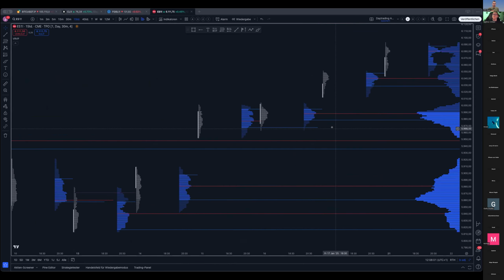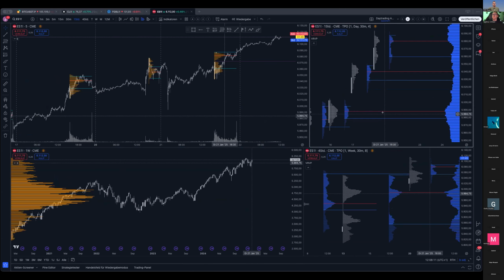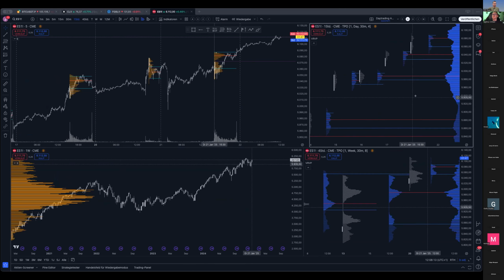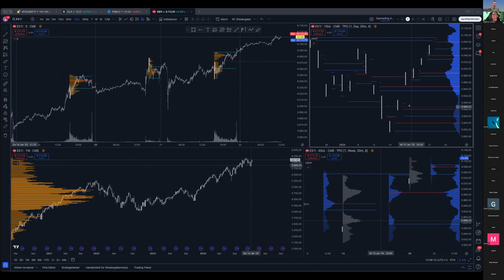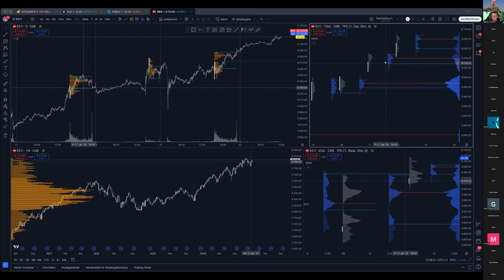From what I've tested with ES and CL, oil, it's working. I still need to test every product, but that way you only have the cash profiles and don't need to adapt it individually. It's just something I realized for people using TradingView, and I think TradingView is improving. But let's get back to the session. It was yesterday, right?